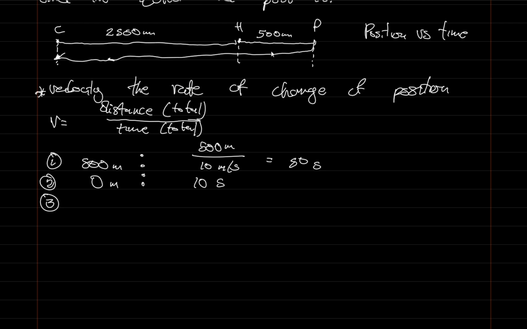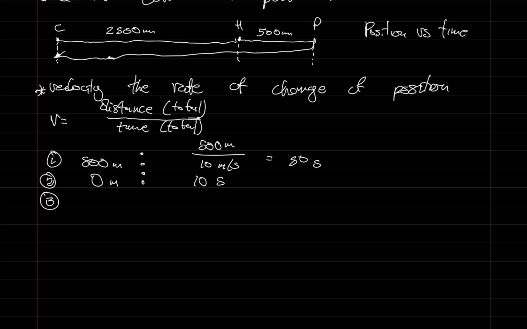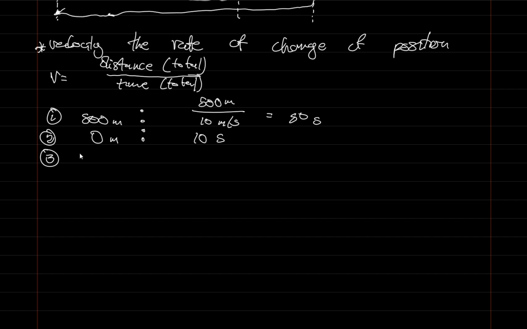So she actually traveled this 500 plus this 2,500 meters, meaning that in total she traveled 3,000 meters. Oh my gosh, that's quite a long time. So now it's 3,000 divided by the 10 meters per second because it's constant. She travels at that 10 meters per second constantly. She doesn't change it, which will give us a time of 300 seconds.